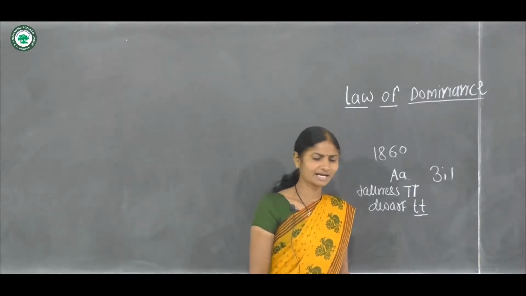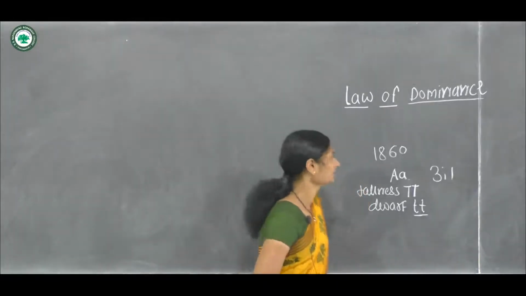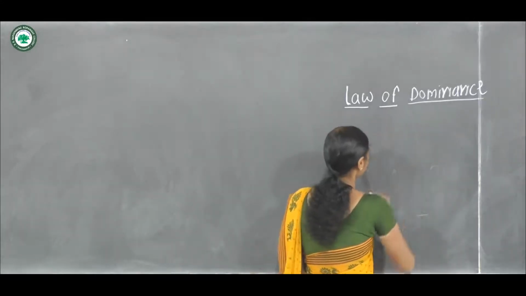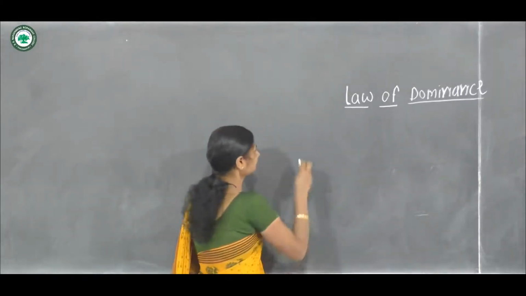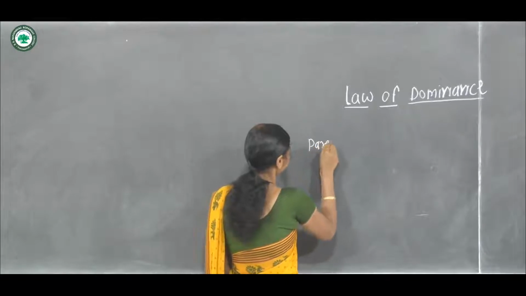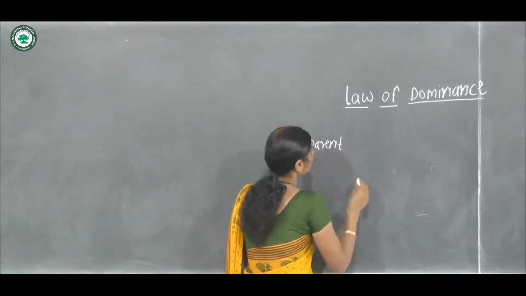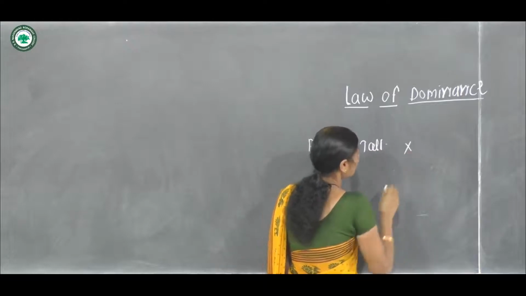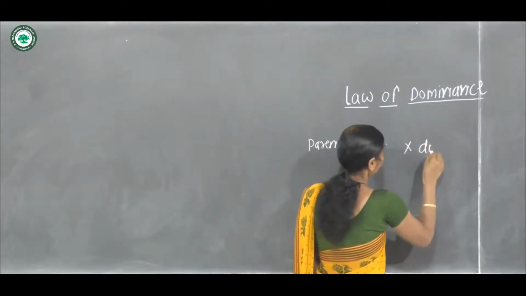Let us start with the F1 generation. Parents taken for the F1 generation: a tall parent is crossed with a dwarf parent.